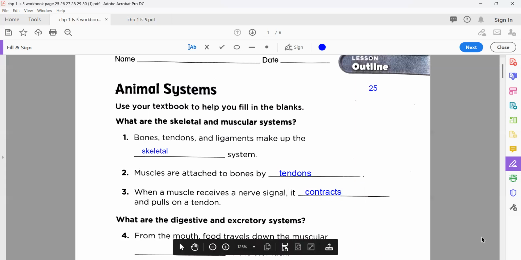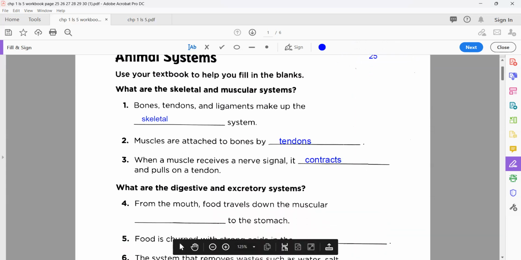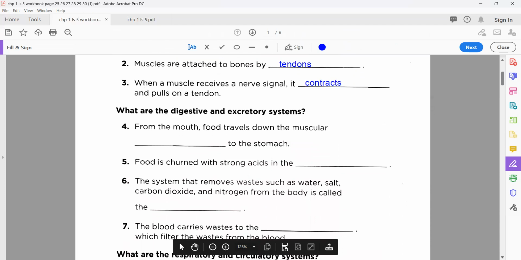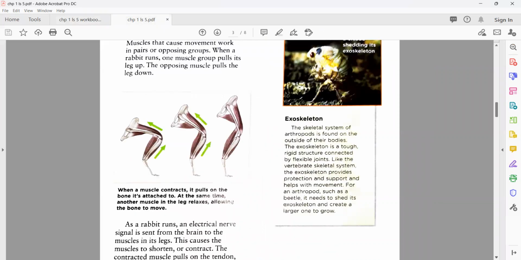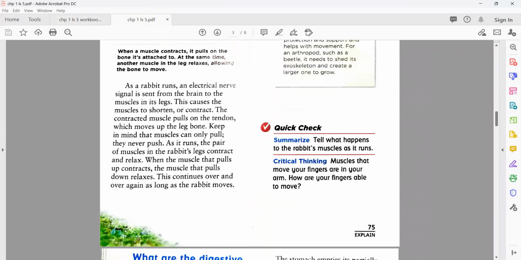Yes. Now the second thing, in which we're going to discuss the main two systems, the digestive and the excretory system. Before discussing them, let's just give an overview of this system.